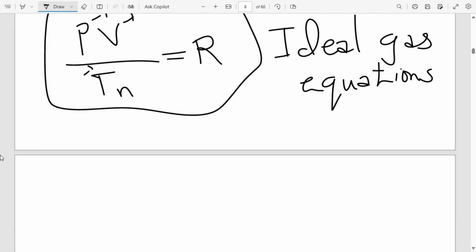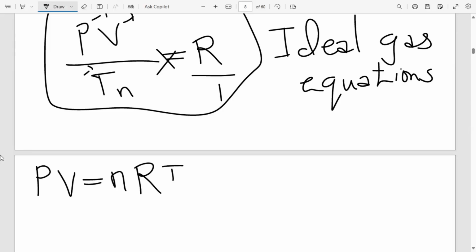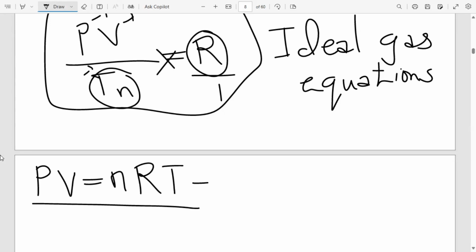I'm just going to put a one under R there and cross multiply, so mostly we find the ideal gas equation in this form: pressure multiplied by volume is equal to N R T. I'm just multiplying by the other side to come up with this equation, which is what we call the ideal gas equation.